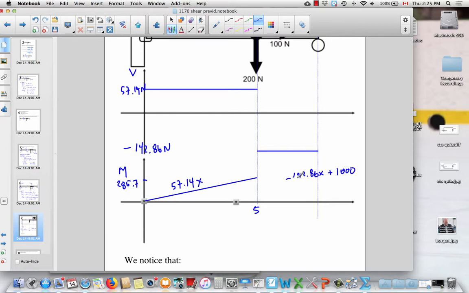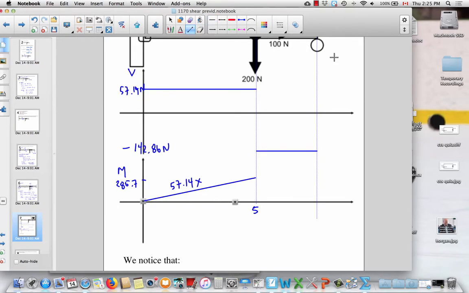Now, if you put in, oh, that's horrible. Okay, I'll rewrite that. But if you put in x equals 5, what you find is that it's the same 285.7 value. So that means that this line starts at the exact same point.